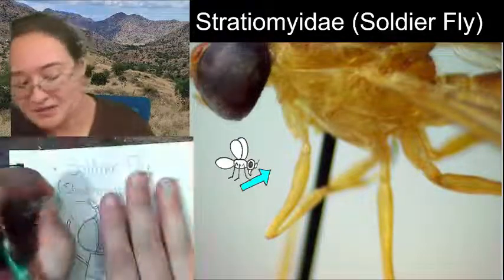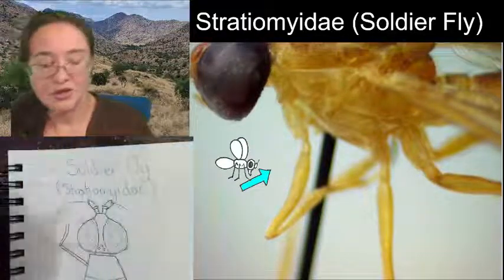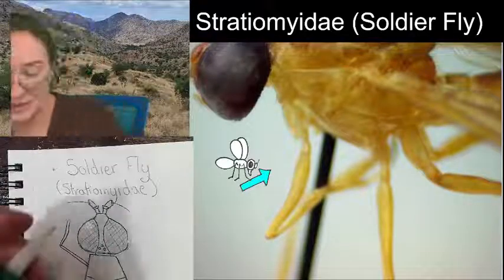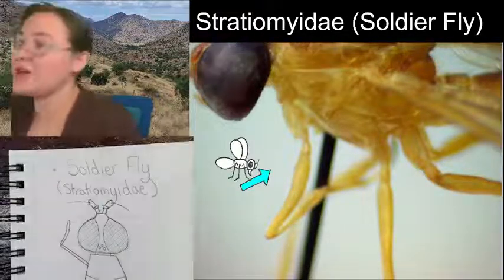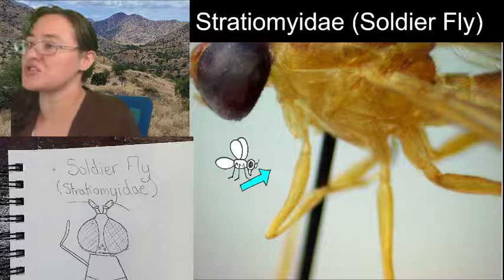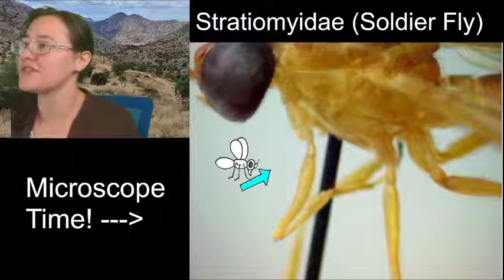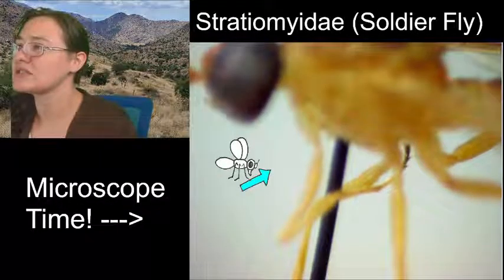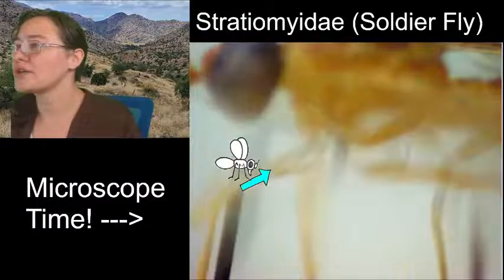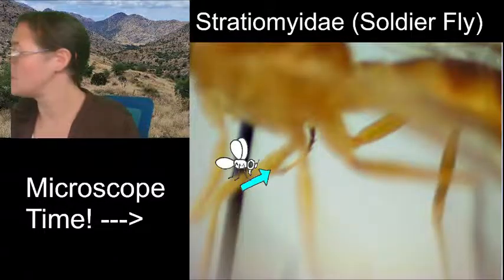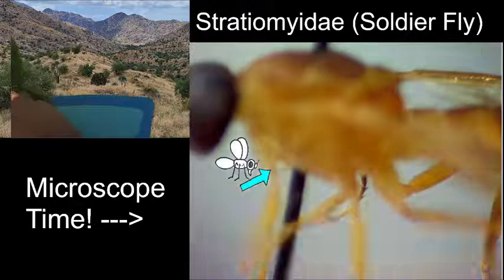And then we have tarsal segments. So I'm going to change the zoom on our leg to see if we can see those segmentations. It's just so hard. I wonder if we could see them from the other side of the body.